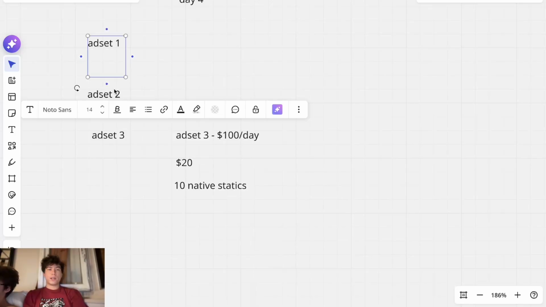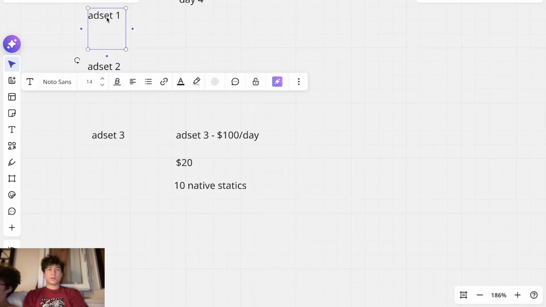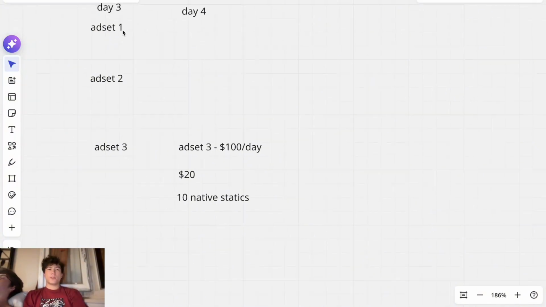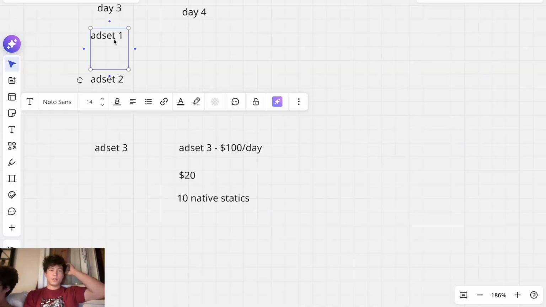The difference between ad set 1 and 2 was I was running them as angles. Let's say you're trying to sell a product that helps with gut issues, so this would be old men who are noticing kidney stones.